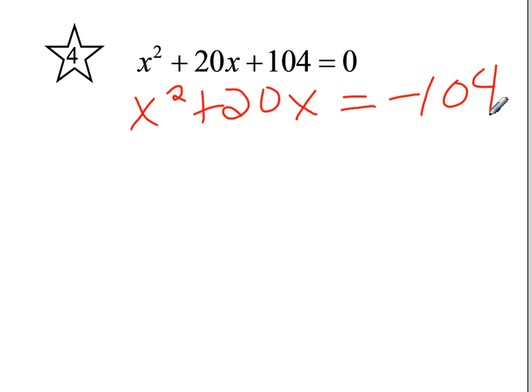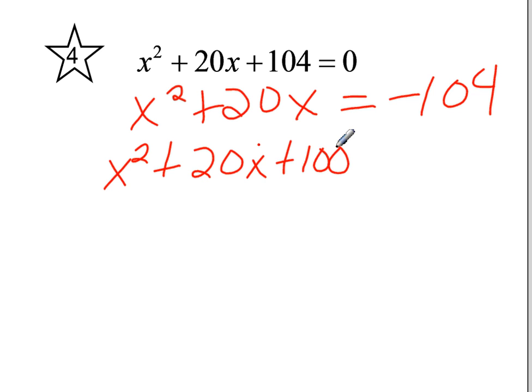Half of 20 is 10. 10 squared is 100. I'm going to add 100 to both sides. Just in case you didn't see what I just did, I added 100 to both sides.